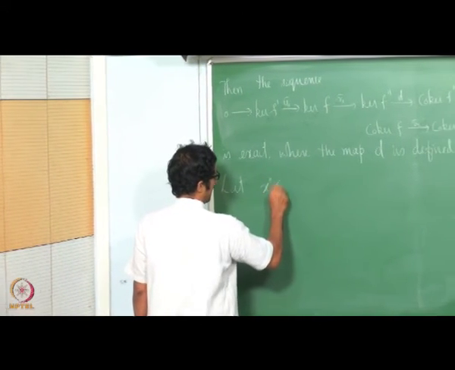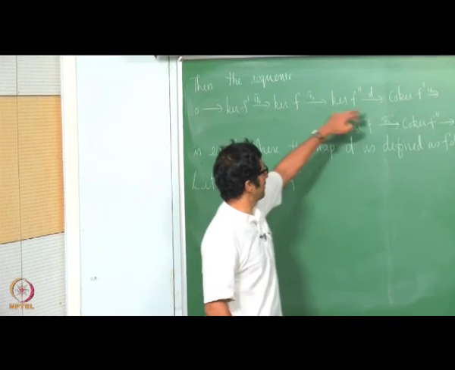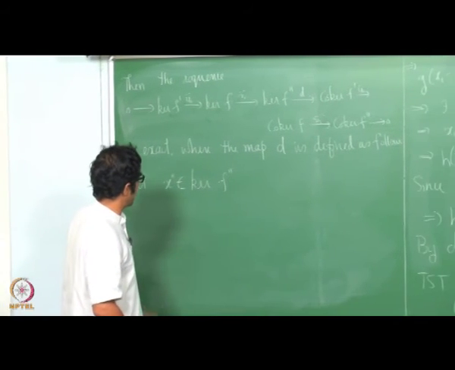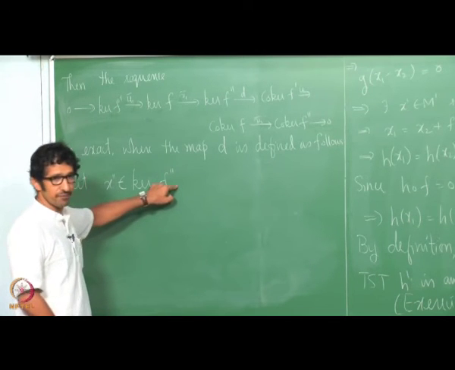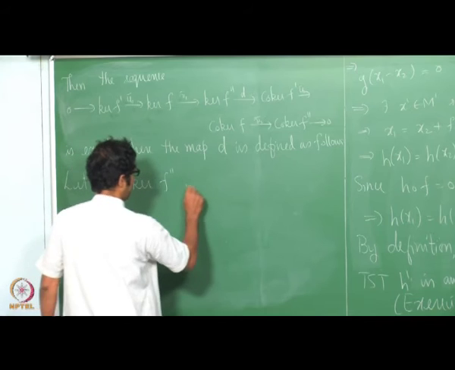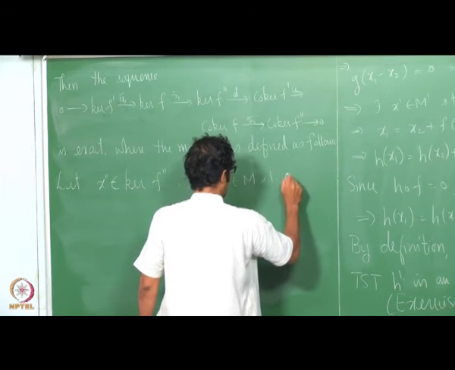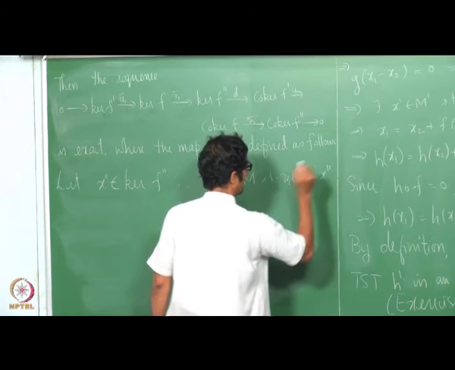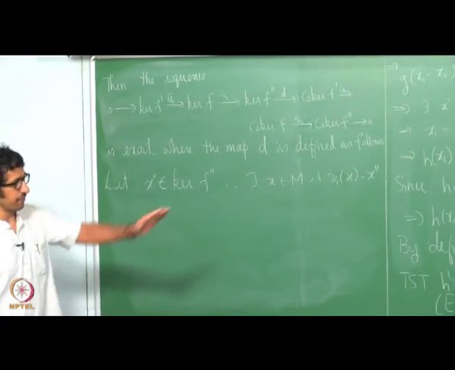Let x double prime be in the kernel of f double prime. I am trying to define what D is from here to here. Now, this is a submodule of m double prime, therefore there exists some x in m such that v1 of x is equal to x double prime.